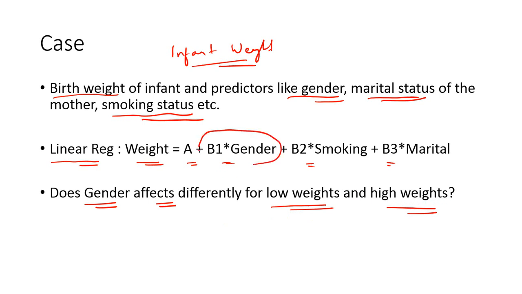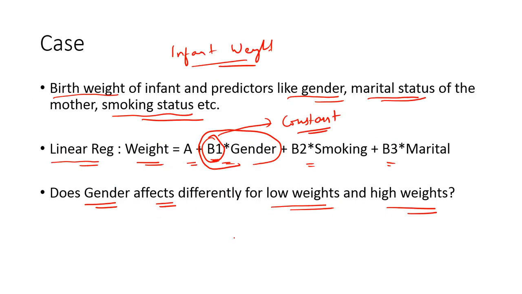Does the beta 1 value take a different value for the lower percentile and higher percentile? In linear regression, that cannot be explained because beta 1 is always a constant. This doesn't change, whether you are talking about the lower quantile or the higher quantile.